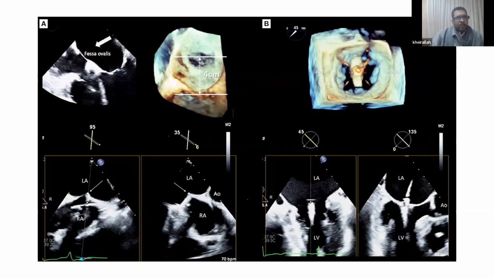So you define the fossa valleys, you define where you go by TEE, of course, and you direct the septal puncture, and then you direct the clip system into the right position with the right perpendicularity, and you make sure that the deployment of the clip is right, and no detachment, and then you assess the MR after, you assess the gradient after.